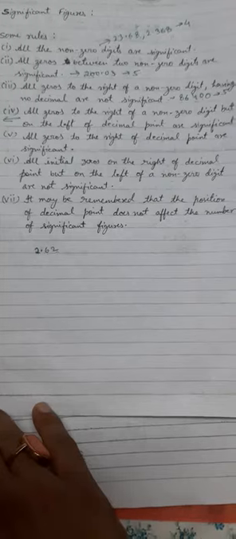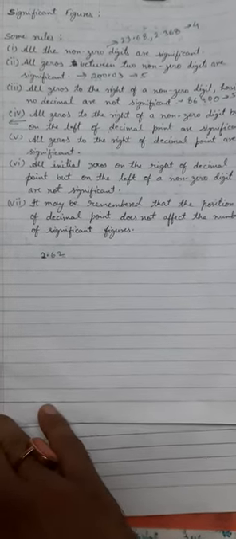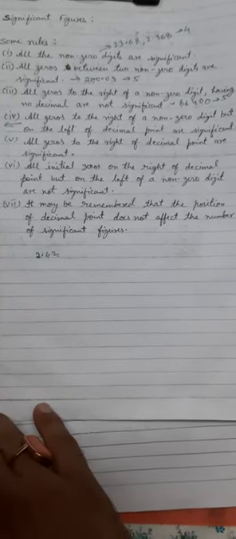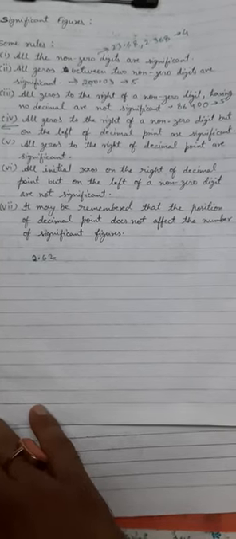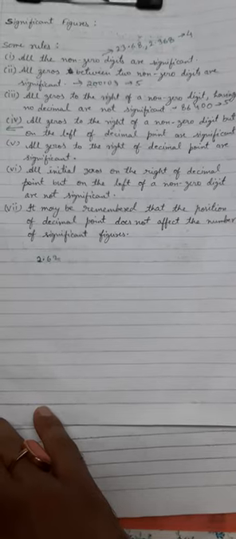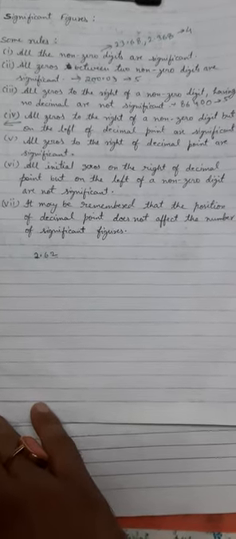So which value is more accurate, 2.575 or 2.58? If you see, 2.575 has 4 figures, 2, 5, 7, 5, and 2.58 has 3 figures, 2, 5 and 8.